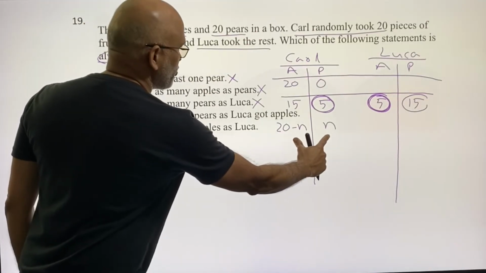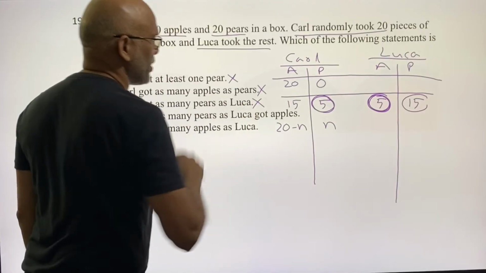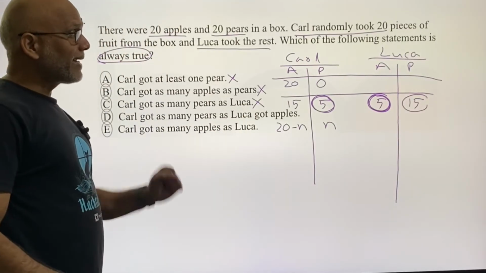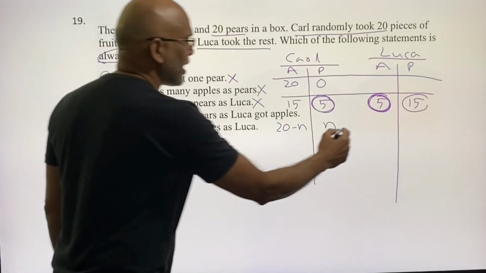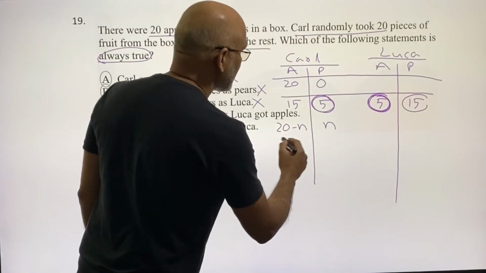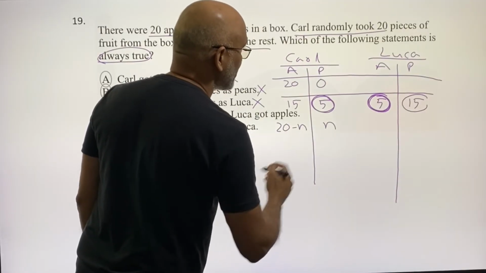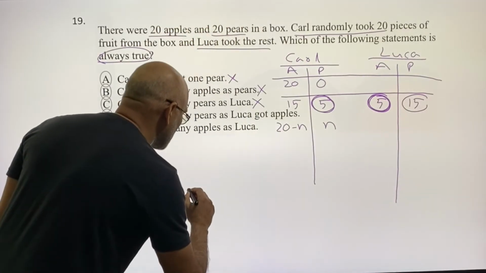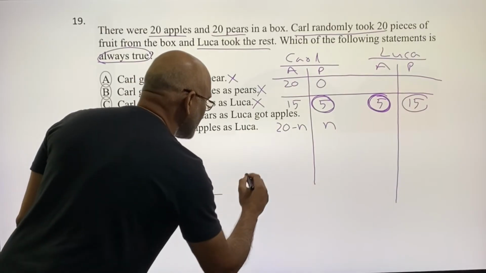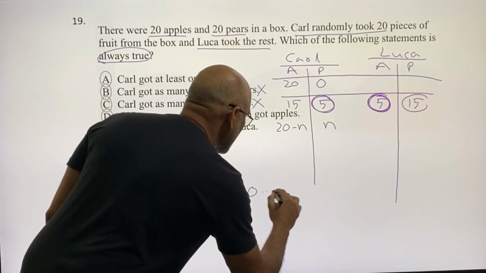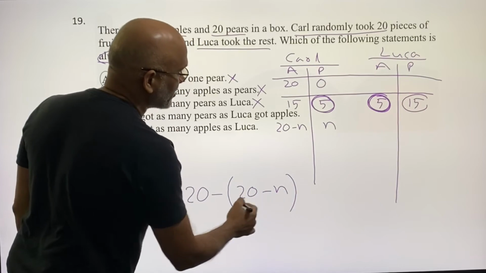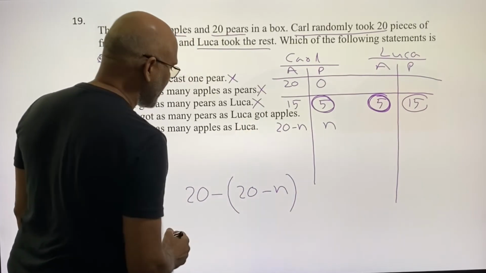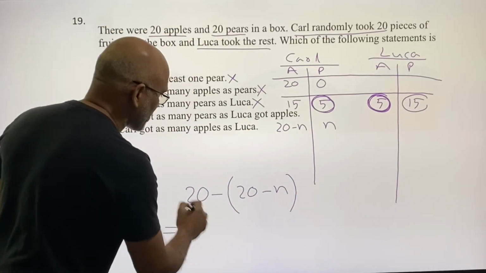So if we add this together, 20 minus n plus n is 20, right? So in that case, Luca would have got how many apples? Carl already got 20 minus n and there are a total of 20 apples. So 20 minus (20 minus n), that is n.